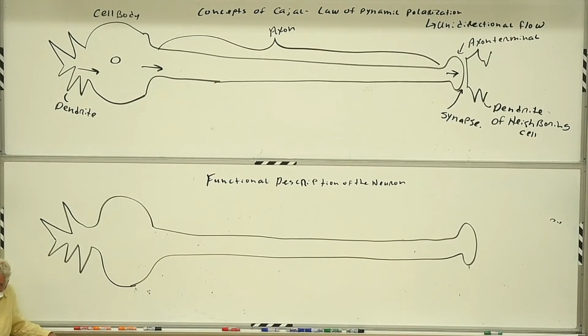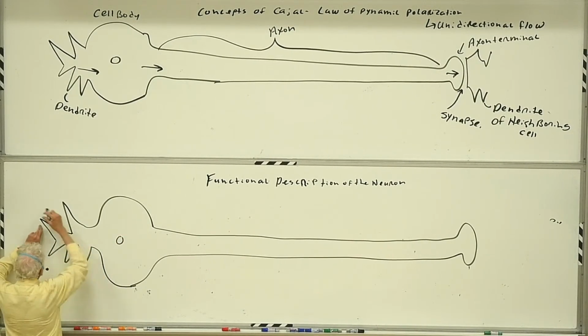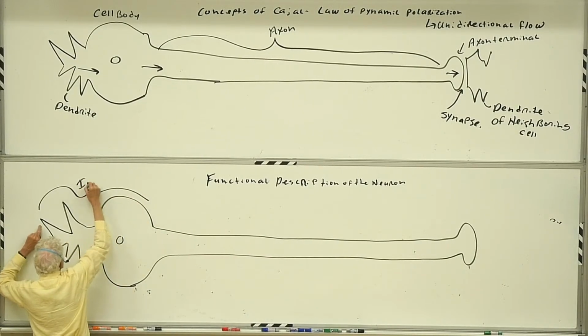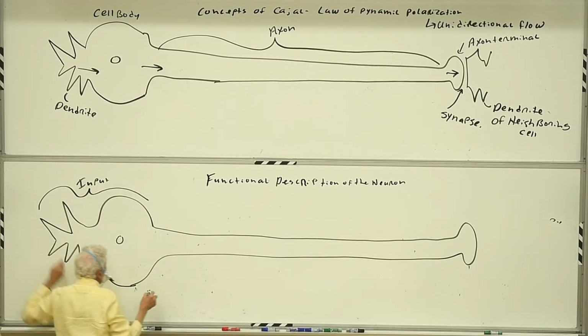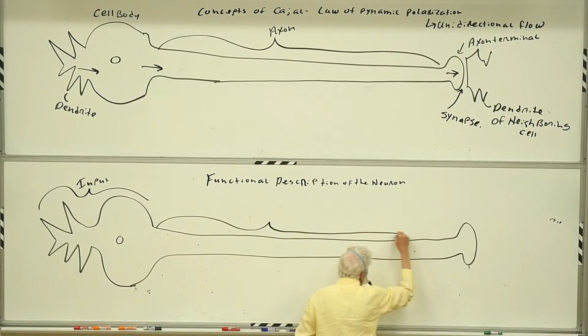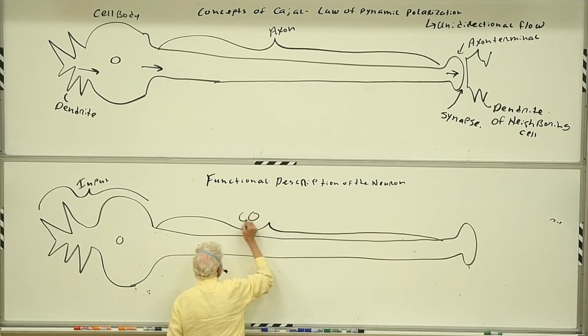But now we're going to change the nomenclature. The nomenclature is going to group together the dendrite and the cell body. This is going to be called the input region. The structure above, which we had named the axon, gets a new name. It's called the conductile region.